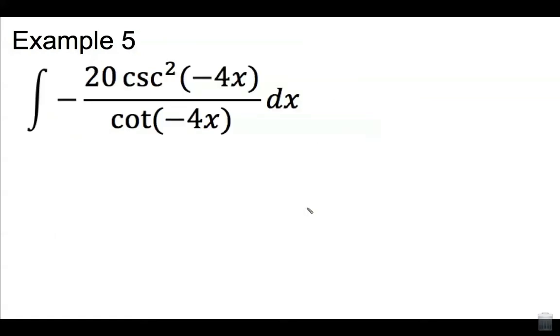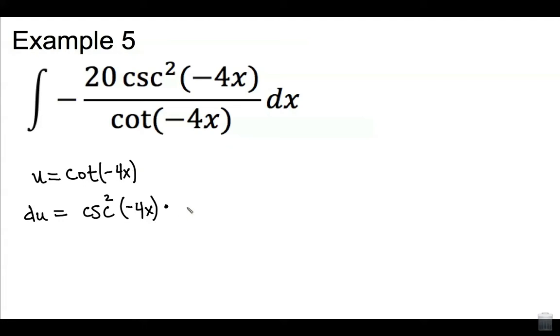Last example. Again, it looks very intimidating. All we have to do is just remember substitution for the denominator, because again we're dealing with reciprocals. So we're going to let u equal cotangent of negative 4x. So du is going to equal the cosecant squared of negative 4x times, and this is where a lot of students are going to end up making a mistake, I need to use the chain rule.